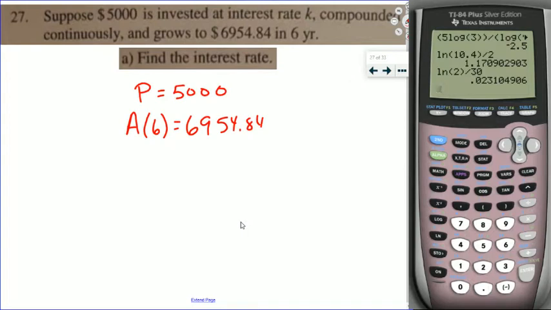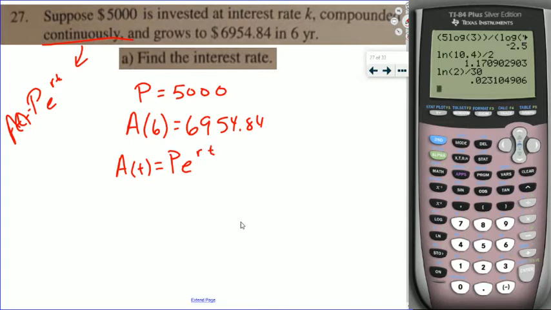So it's compounded continuously. That word lets us know we need to use the P e to the rt formula. A of t equals that. So let's write that equation. A of t equals P times e to the rt.